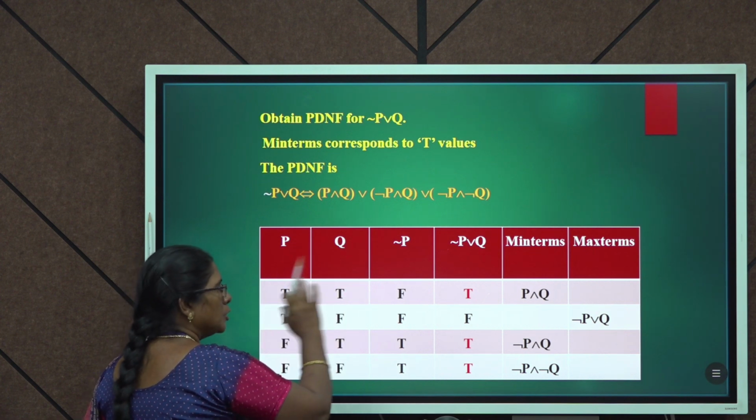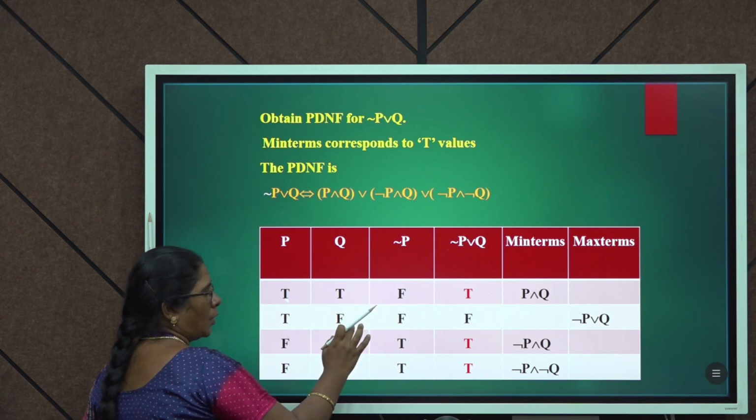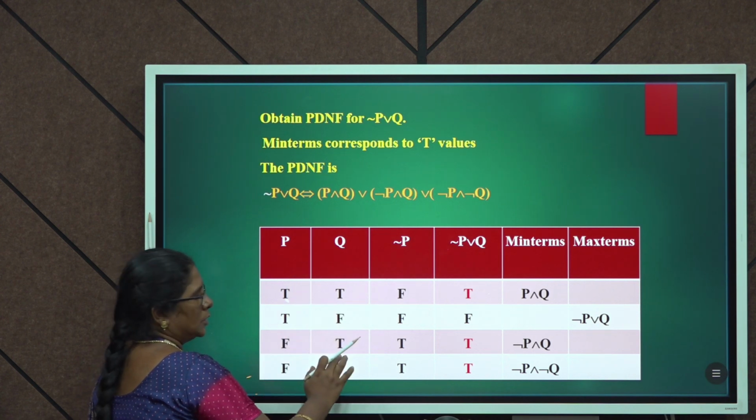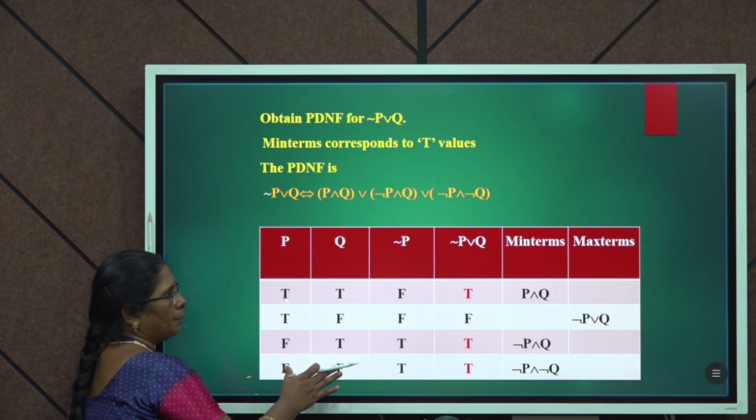So, both variables are true, one is true and the other false, one is false and the other true, and both are false.